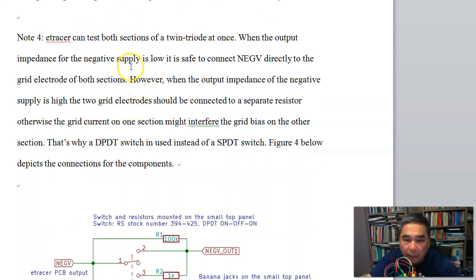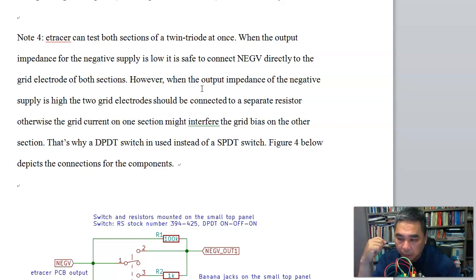So note 4 is what I explained. On the eTracer chassis, we have 2 banana jacks for the negative V. In the original design, these 2 are shorted, but if we are going to put resistance in the grid circuit, we need to separate these 2.